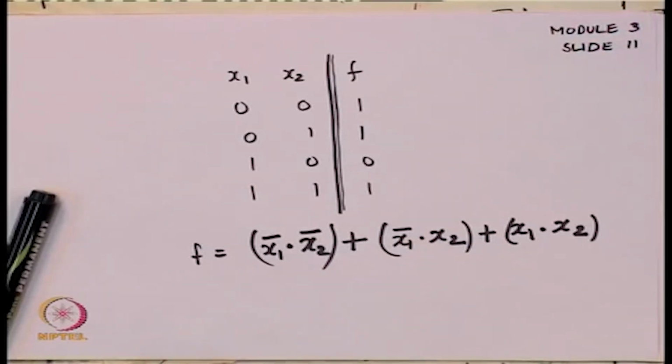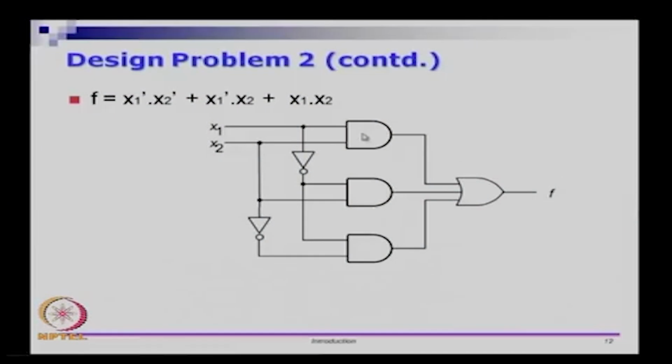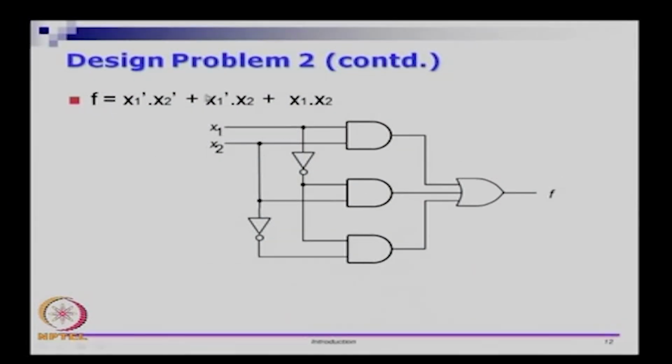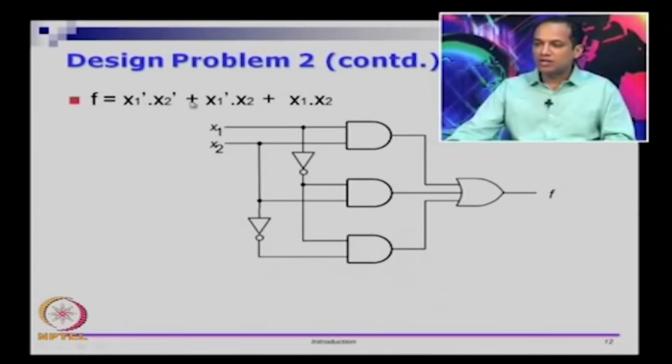To implement this circuit, we have the Boolean expression with 3 terms. We need 3 AND gates for that, and we need to combine the 3 outputs using OR. Instead of a 2 input OR, I have used a 3 input OR gate here. A 3 input OR gate can take 3 inputs and the output will be 1 if even one of the inputs is 1.